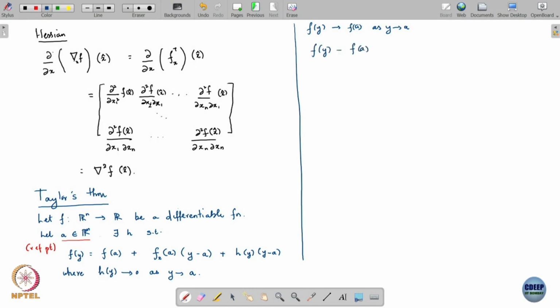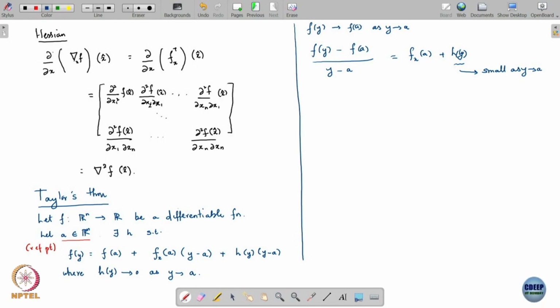This difference, f of y minus f of a divided by y minus a, is equal to f x of a plus h of y, where h of y is a quantity that will become smaller and smaller, close to 0, as y tends to a.